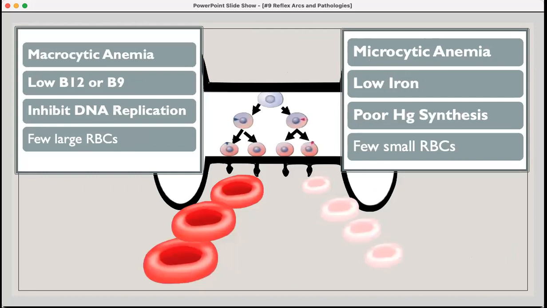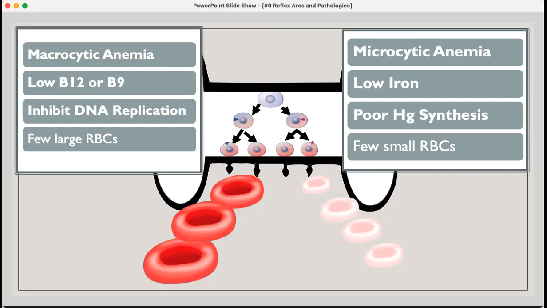So looking at the pathophysiology, looking at how stem cells are producing red blood cells, you can see how you separate it into the macrocytic and the microcytic. The macrocytic, again, is from B12 or B9 deficiency.